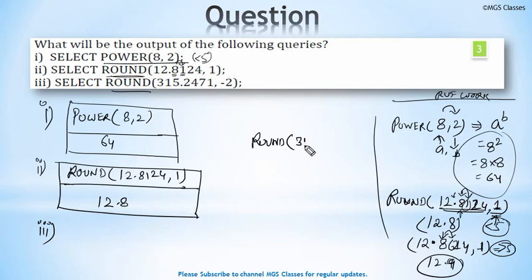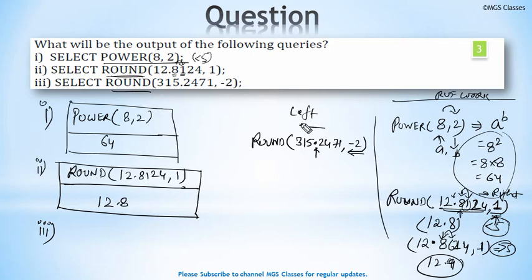Round 315.2471 comma minus 2. In that case, if the number is negative, we will look at the left side of the decimal point, and if the number is positive, like in the earlier case with +1, we were looking at the right side of the decimal point.